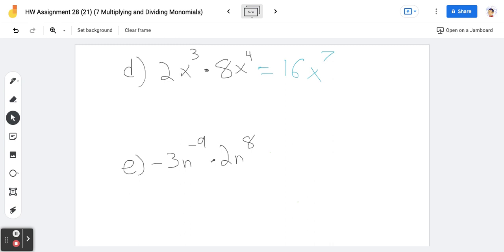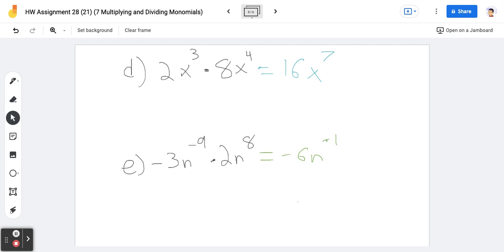All right. Next one, same deal. I'm going to multiply the coefficients. So negative 3 times 2 is a negative 6, times n to the power of negative 9 plus 8, which is going to be a negative 1. So here's how I'm actually going to rewrite this one. Remember, it's just n to the negative 1st power.